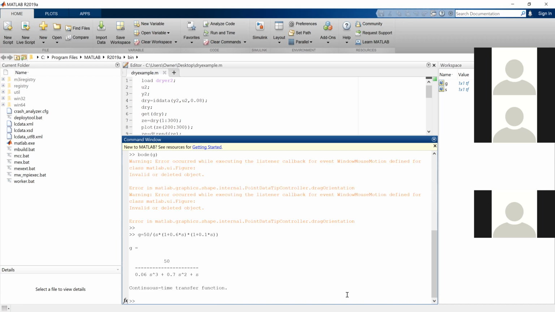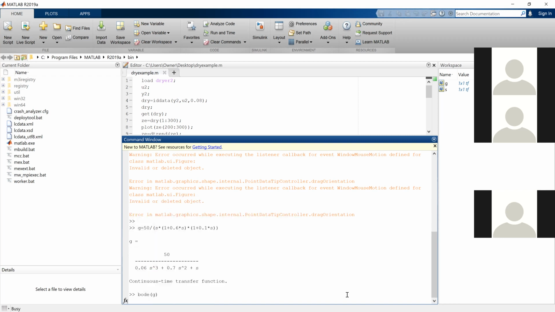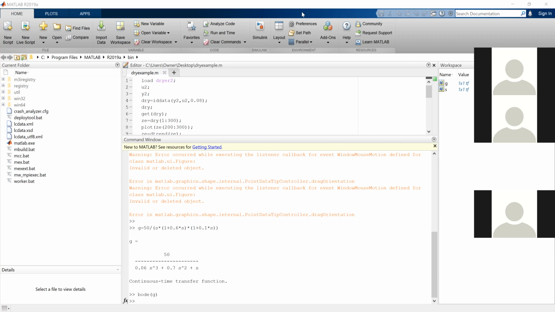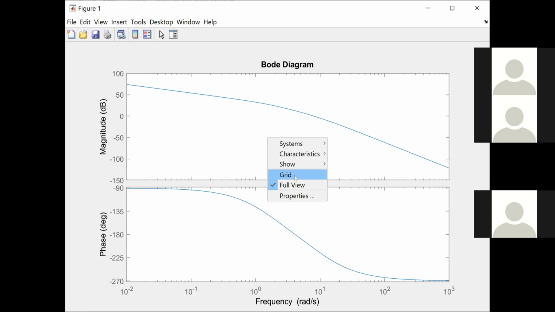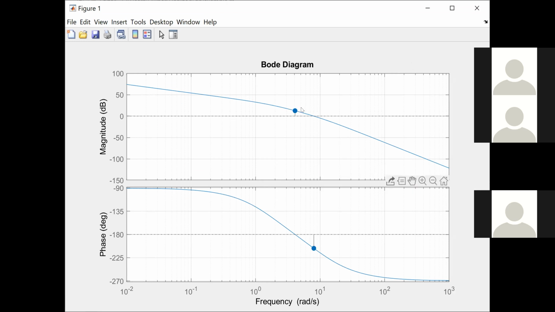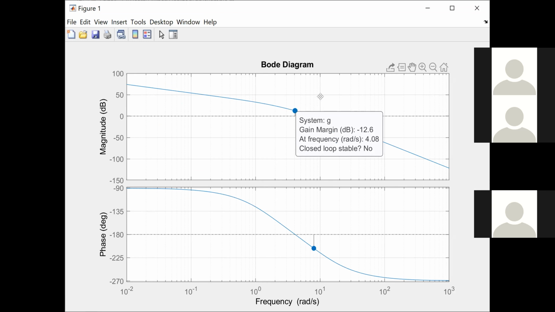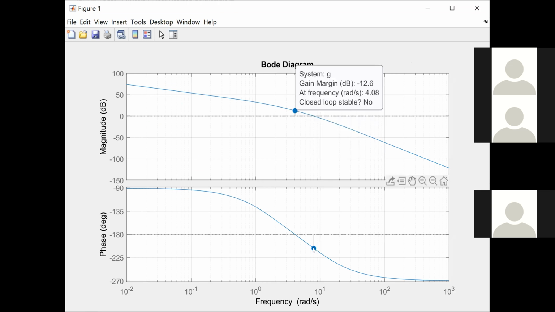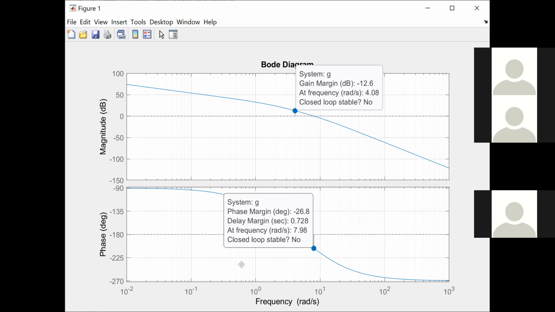Then bode. Where is the plot? Okay. Put the grid, and then put the characteristics, minimum stability margins for all. Now we click this value, and then this value.